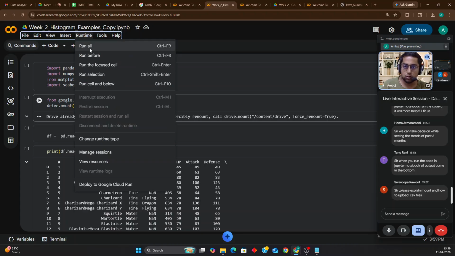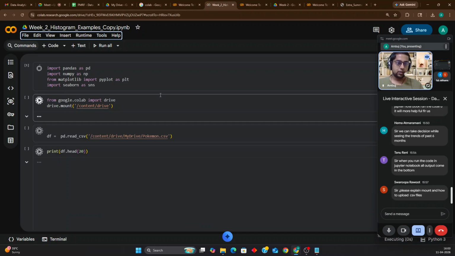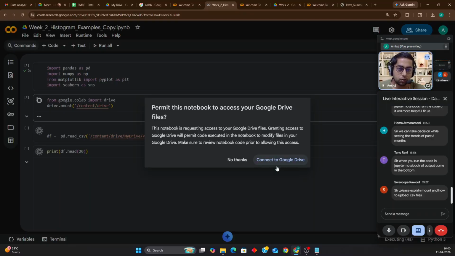First of all, you have to go to Runtime, then Run all, or you can run it cell-wise also. There is no problem. I have used it multiple times and I'm pretty confident, which is why I'm using Run all.